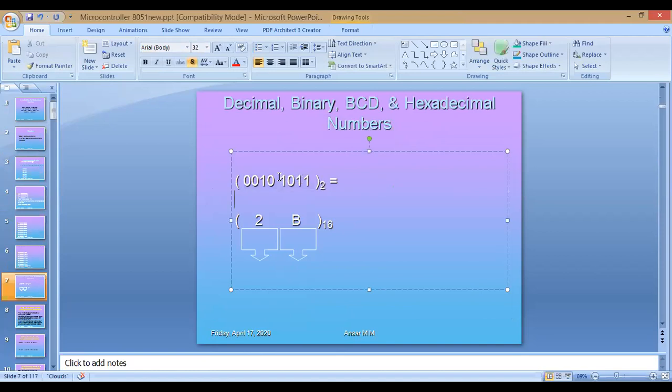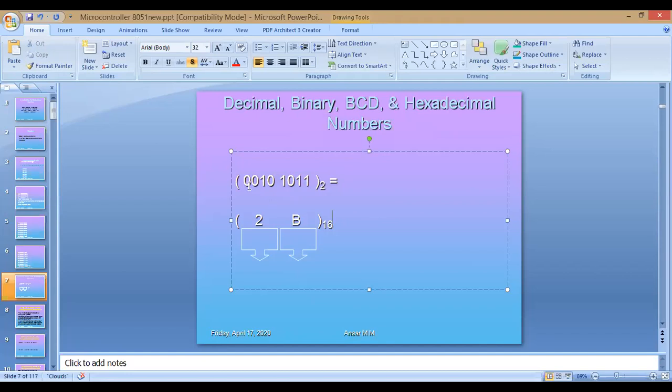First we have to split it into two nibbles: this is the upper nibble and this is the lower nibble. Then we have to get the equivalent hexadecimal digit for each nibble.